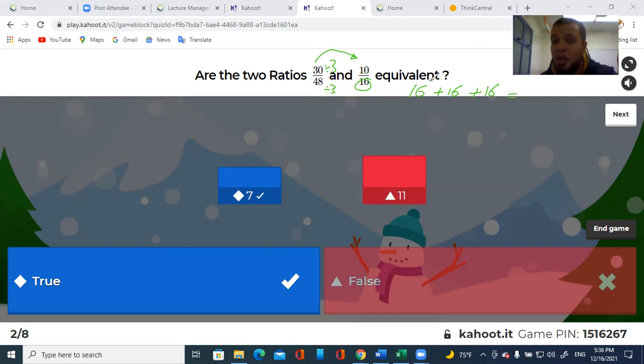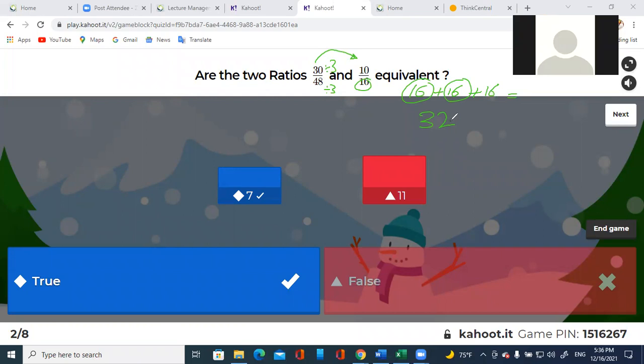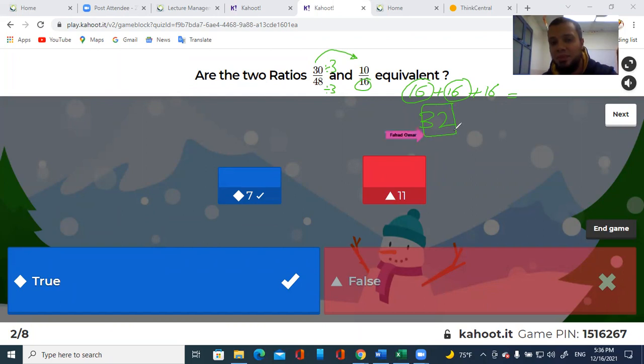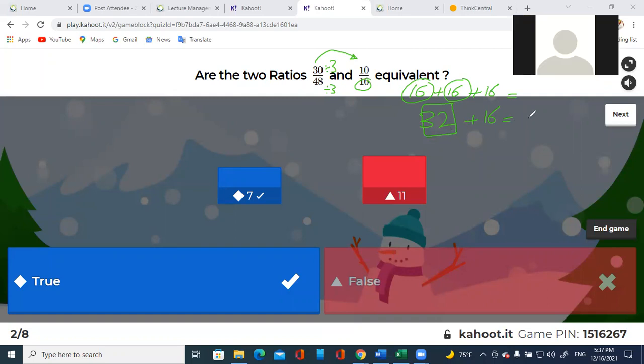Okay, 16 plus 16 equals what? 16 plus 16 equals 32. 32 plus another 16 equals 48.